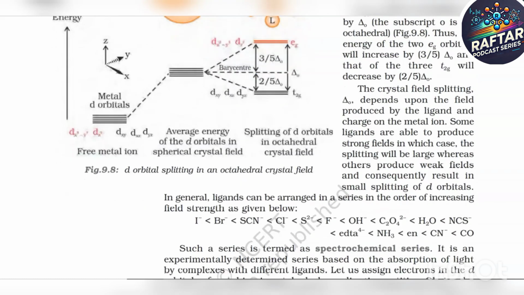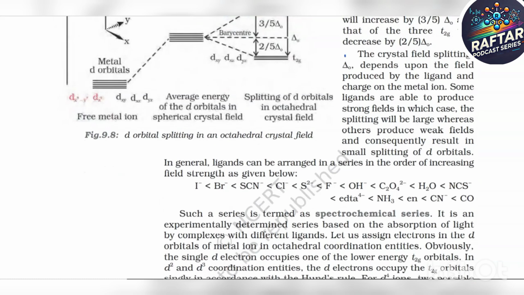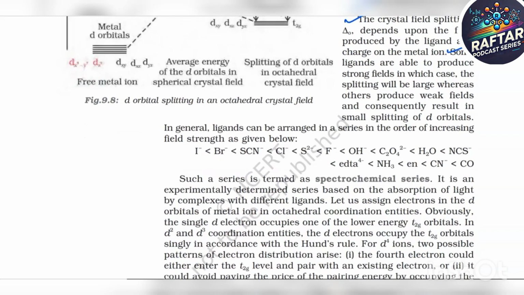The crystal field splitting delta naught depends upon the field produced by the ligand and the charge on the metal ion. Some ligands are able to produce strong fields, in which case the splitting will be large, whereas others produce weak fields and consequently result in a small splitting of d orbitals.